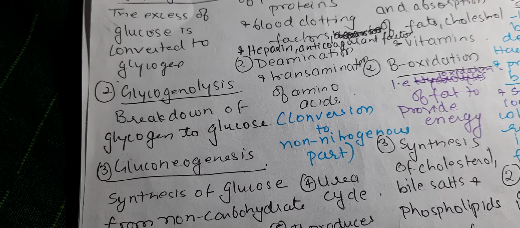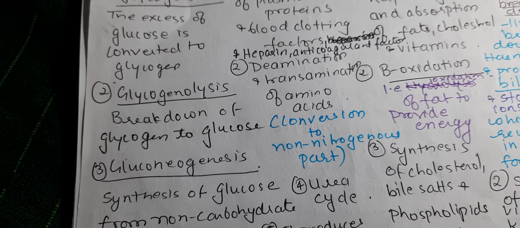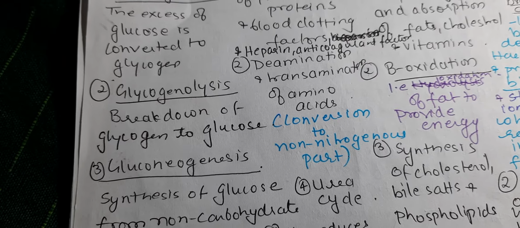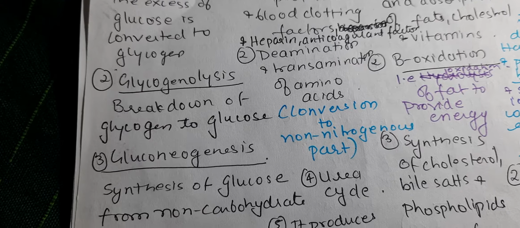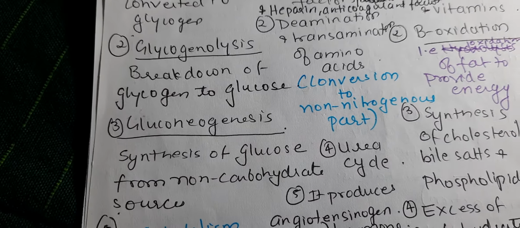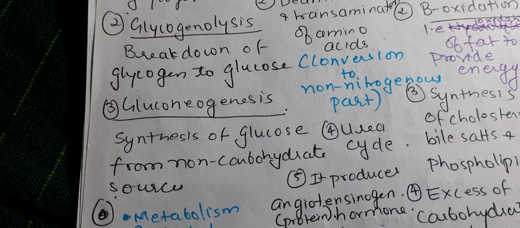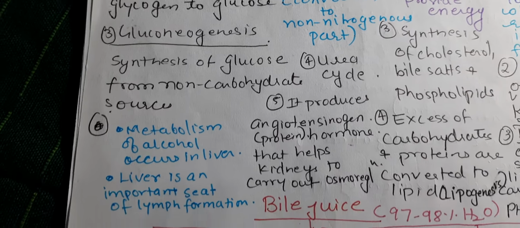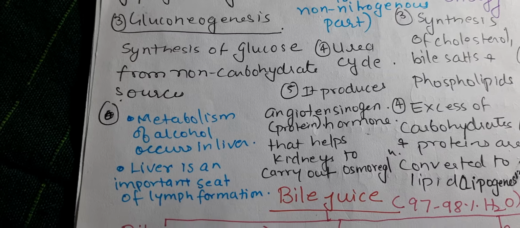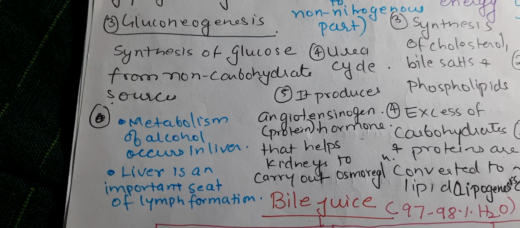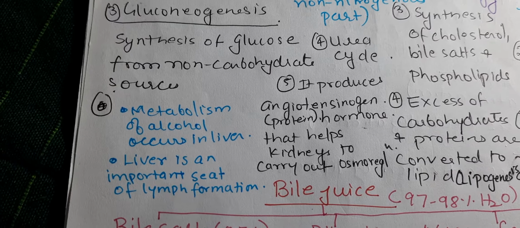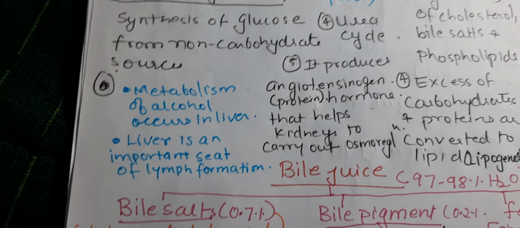It also carries out glycogenolysis, that is breakdown of glycogen to glucose as per the need, and gluconeogenesis, that is synthesis of glucose from non-carbohydrate sources such as amino acids. It also carries out metabolism of alcohol, and it is also an important seat for lipid formation.